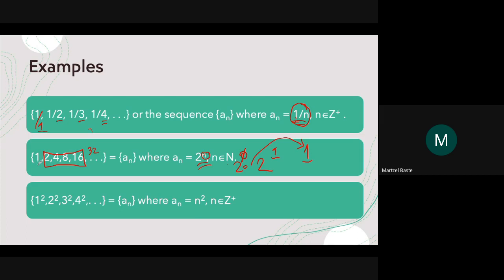Gets ba? The next is 2 raised to the power of 1, so that makes it 2. And then 2 raised to the power of 2 makes it 4. 2 raised to the power of 3 makes it 8. And then 2 raised to the power of 4 makes it 16. So again, 0, 1, 2, 3, 4 is the value of n.